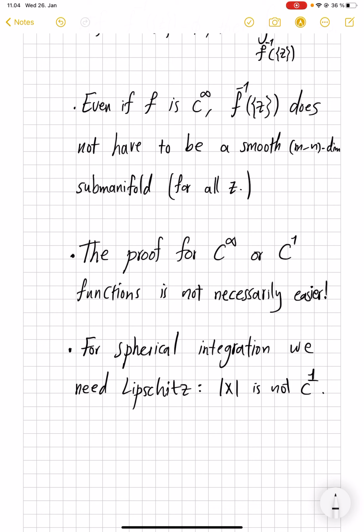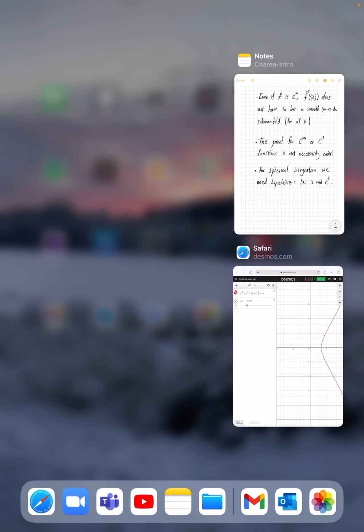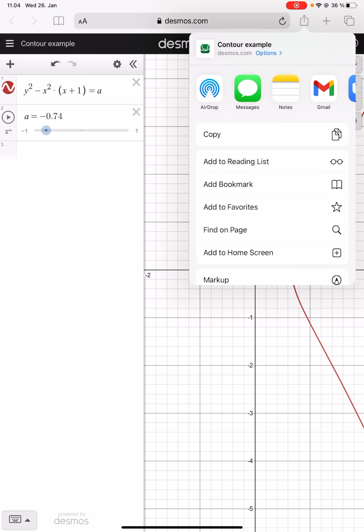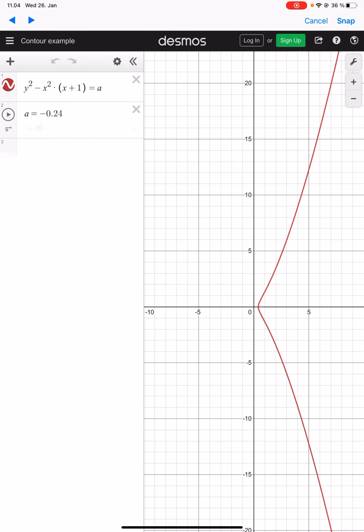Okay, let me show you some pictures of what can happen with foliations. So here I have my function f, let me do a little trick here so I can annotate on this.